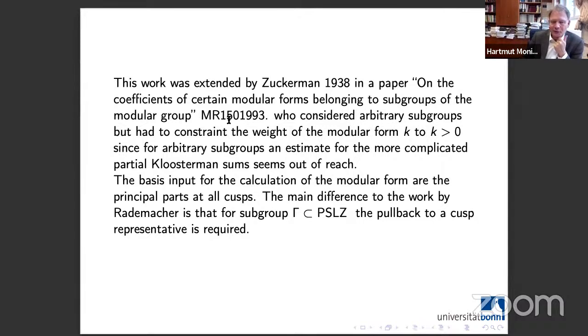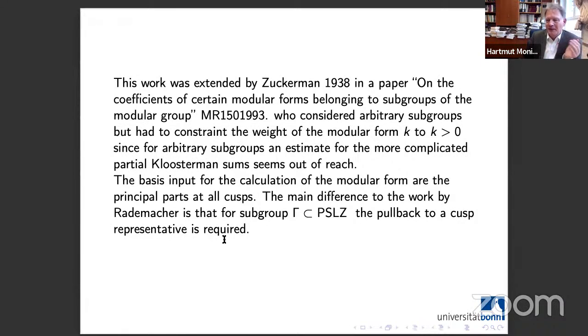You basically have to do this sum over the Farey arcs a little bit more carefully. So the basic input for the calculation are the principal parts of the cusp, and the main difference to the work of Rademacher is that for the subgroup gamma of PSL(2,Z), the pullback to a cusp representative is required. And that's what I just showed you how to calculate.